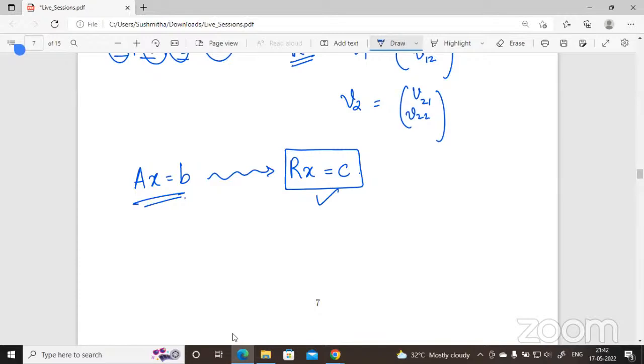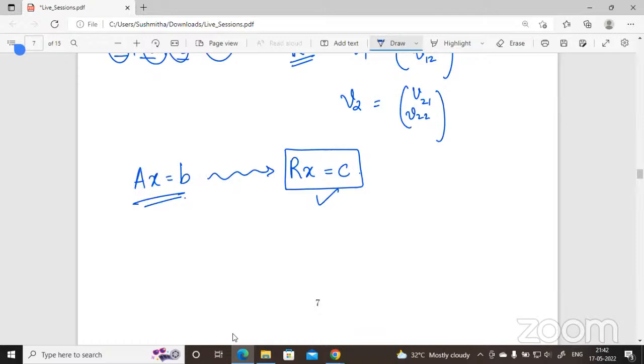Why does the system of linear equations Ax is equal to B have the same solution as Rx is equal to C? You should tell me why it is happening. Sir has explained this in the video, right? Row operations don't change anything.